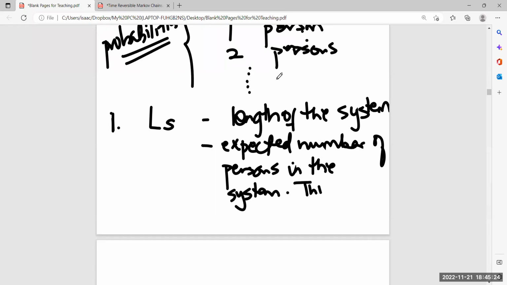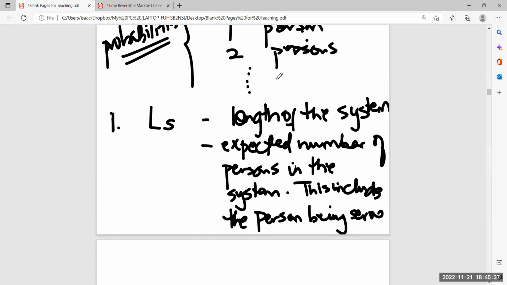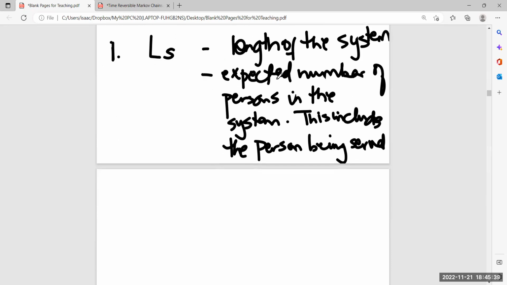This includes the person being served. An easy way to remember this is the S here represents system, and L is the length, so it's the expected length of the system.